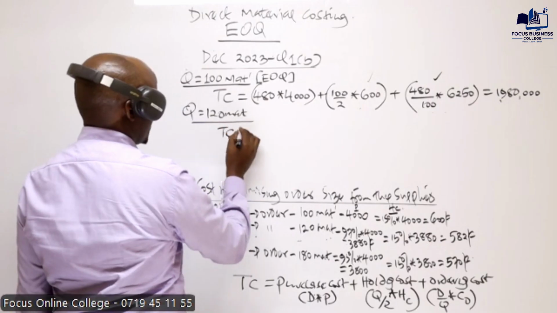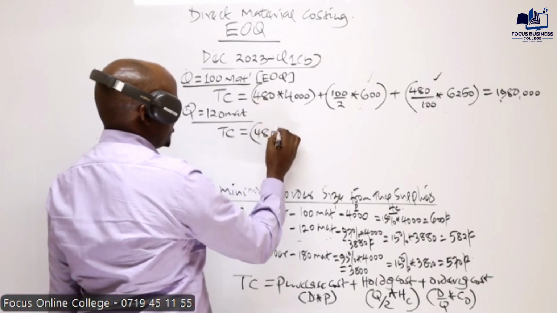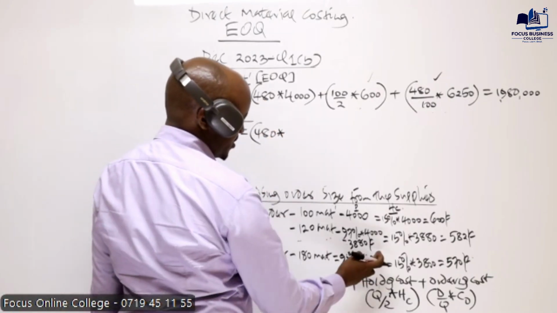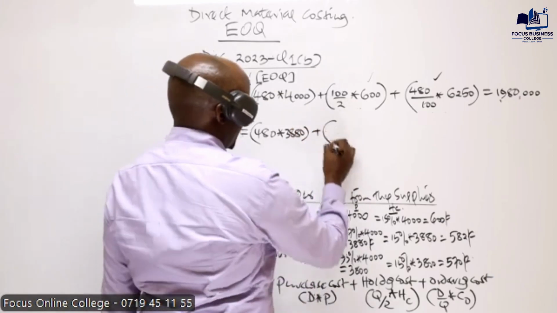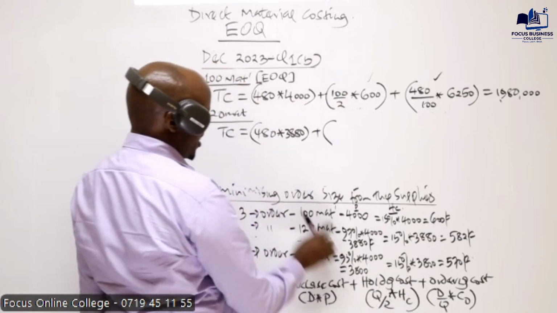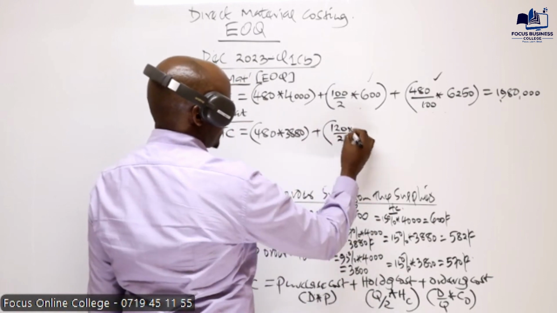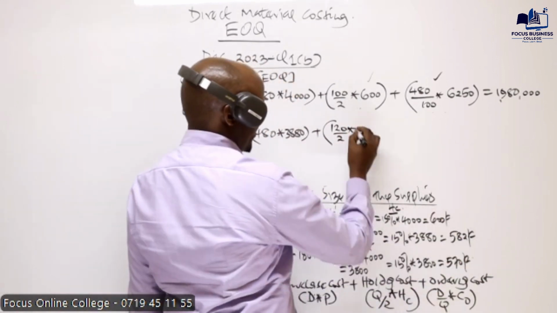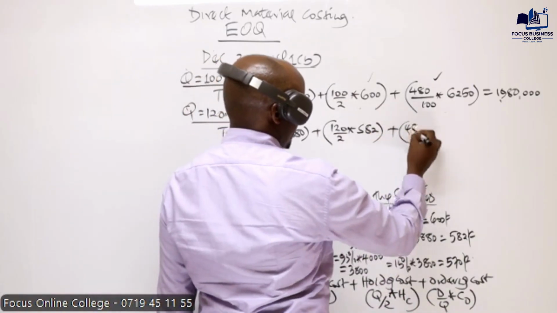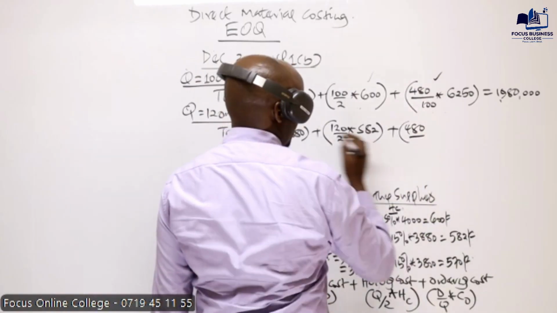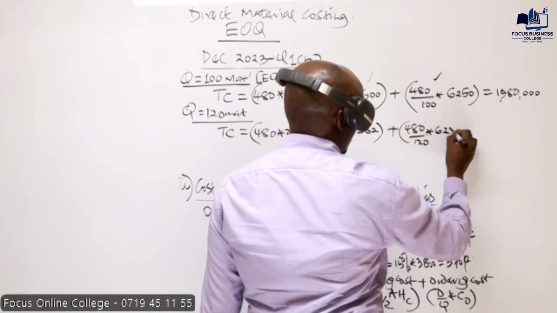We compute the total cost, which is equal to the purchase cost, the annual demand, which will not change, times the purchase price per unit, which is now 3880, plus the holding cost, which is Q, our Q here is 120, divided by 2 times the holding cost of 582, plus the ordering cost, annual demand 480 divided by Q, which is 120, times the ordering cost per order, which is 6250.